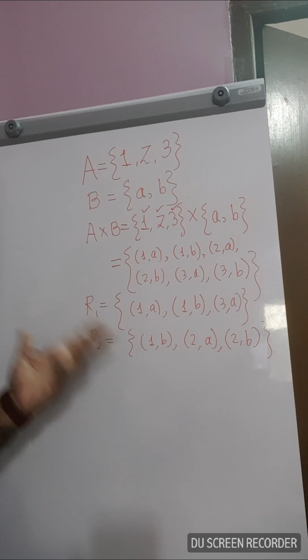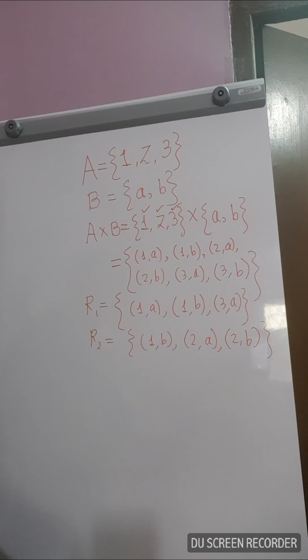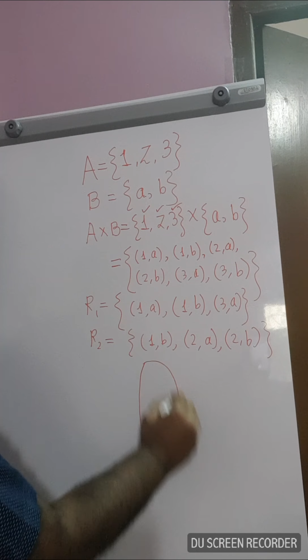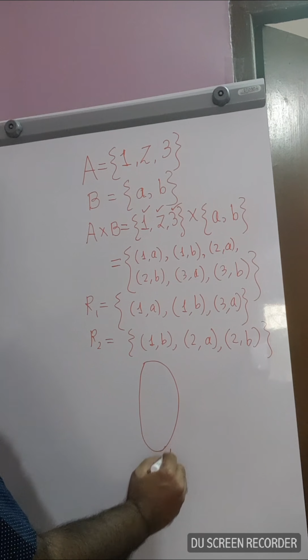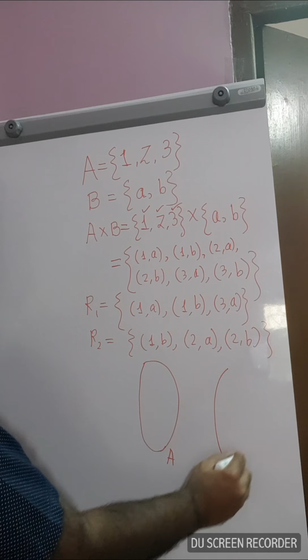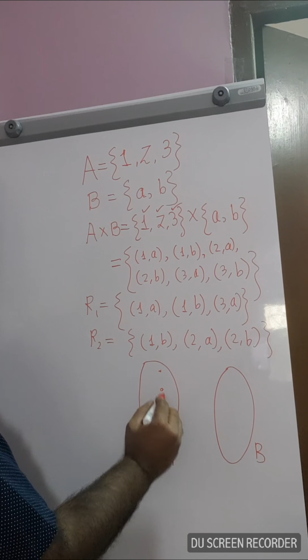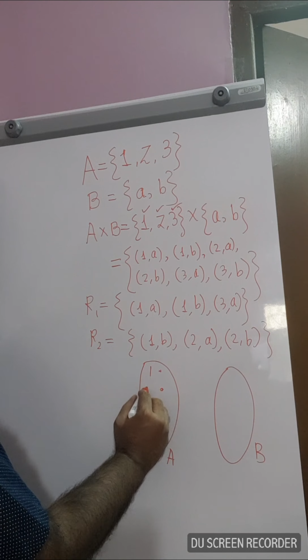Now let me elaborate the concept diagrammatically. That will be more easier for you to understand. Let me now draw this subset or draw the relation R1. So for that, let us draw that this circle represents the set A, this circle represents the set B. These are the members of A, 1, 2, 3.